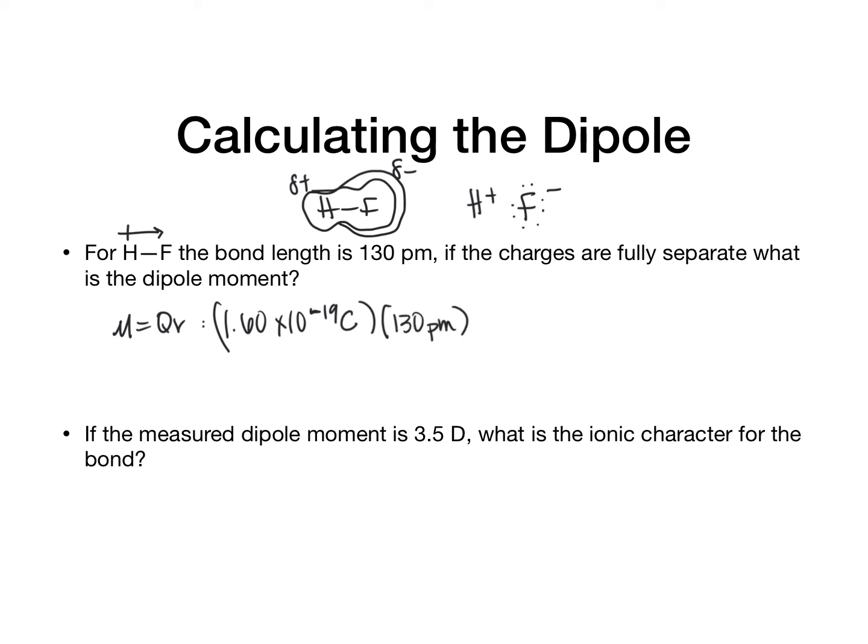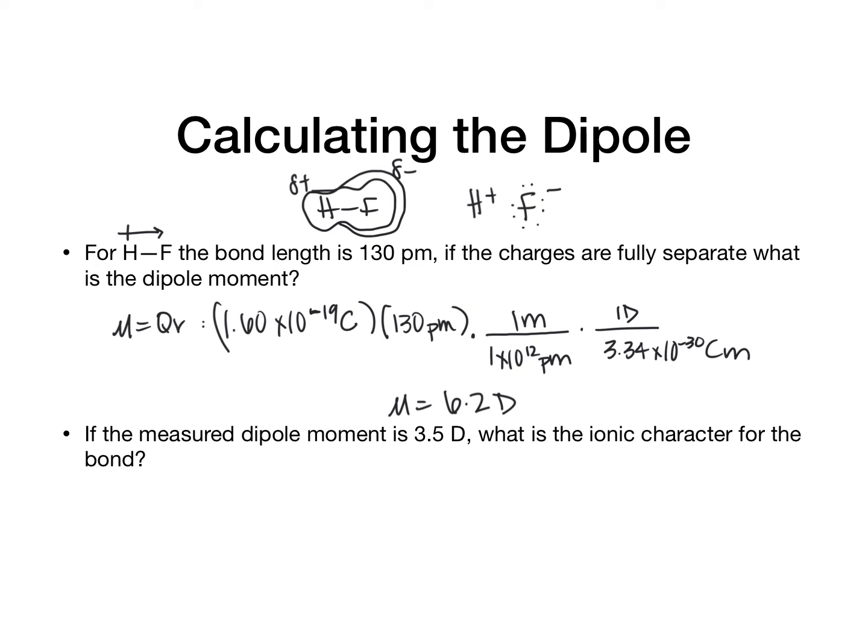We need to convert that into debye. We first convert the picometers, with 1 times 10 to the 12th picometers in 1 meter, and then convert into debye, where 1 debye is 3.34 times 10 to the negative 30th coulomb meters. When we plug this into our calculator, the dipole moment is 6.2 debye. So this tells us it's a relatively large dipole moment if they're fully separate.